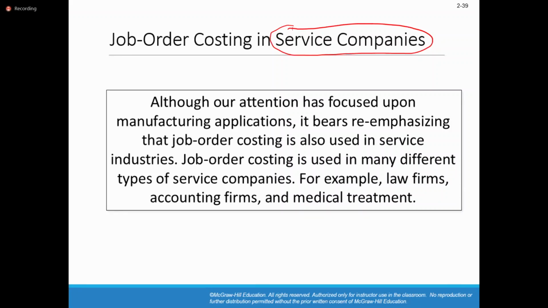That producer company actually incurs and bears the cost for the movie. But if we think of a movie, what will be the direct materials, the direct labor, or the manufacturing overhead for that movie? Think of the movie making company, the producer company, as a service company.